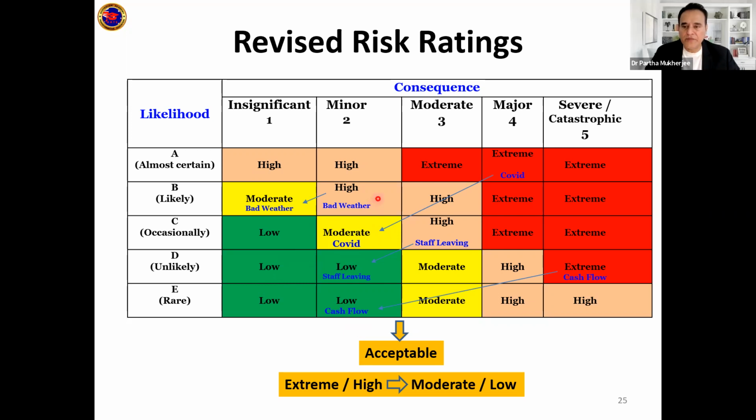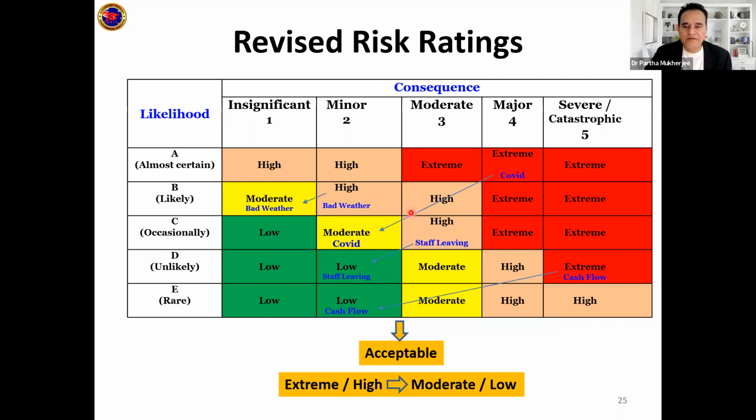So you can see the bad weather risk from high has become moderate. What have you done? Your control could be that I protected my work site with some kind of protective tarpaulins or something like that. I may have got some pumps. If there is water logging, I will take the water and put it outside.